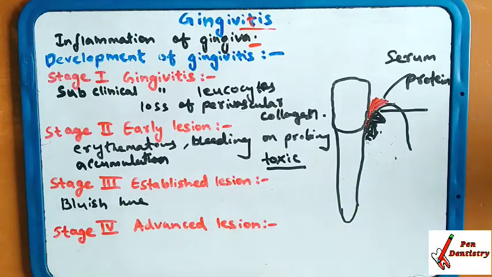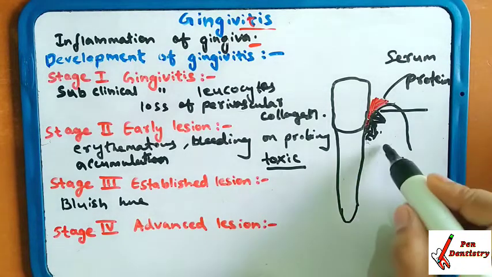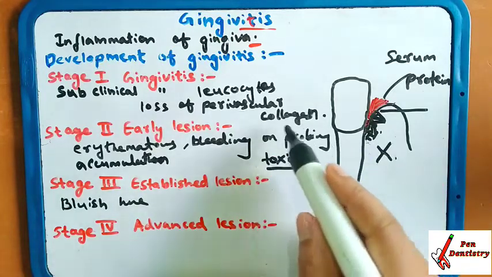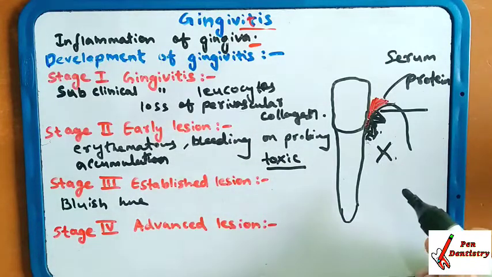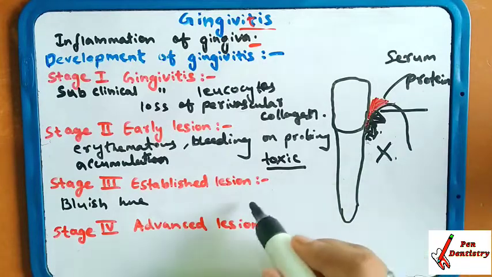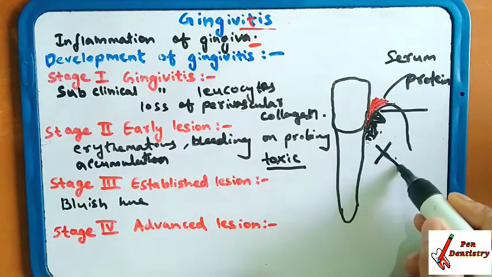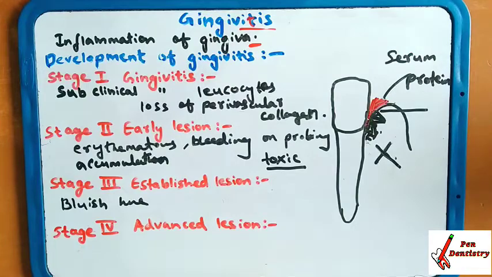As I have told you, in the first stage there was loss of perivascular collagen; in the third stage there will be a total loss of the vascular system. This makes the gingiva bluish in color. The gingiva appears moderately to severely inflamed, and you can recognize whether it is moderately or severely inflamed.